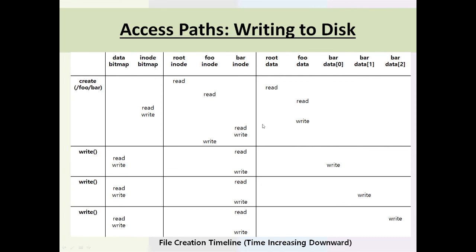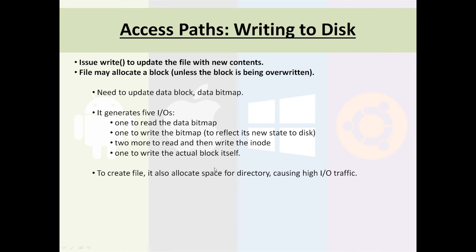We also update our foo with this new change to indicate that inside foo data you can find the bar inode. After that whole creation process, we can actually do the writing, and here you can see those 5 input-output operations that we mentioned over here.